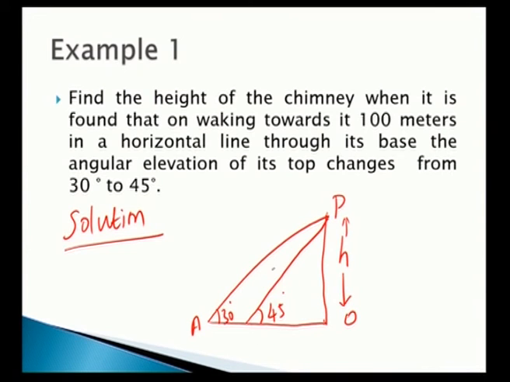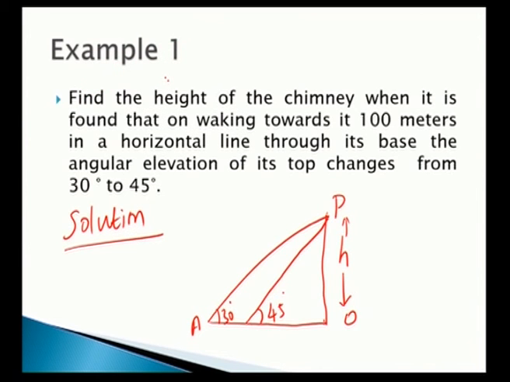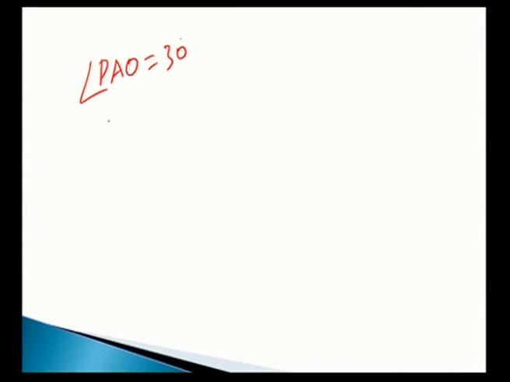Now we need to solve this problem. To solve this problem, let us assume the following things. Angle PAO is equal to 30 degree. That is what we have used here. Then angle PBO is equal to 45 degree.